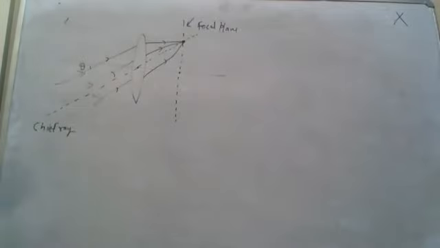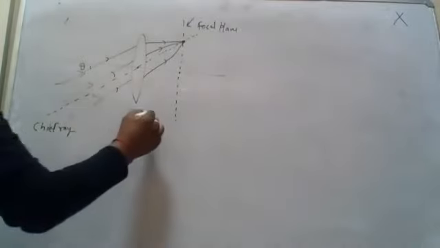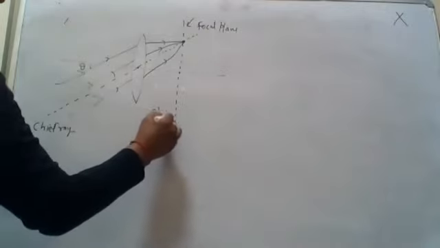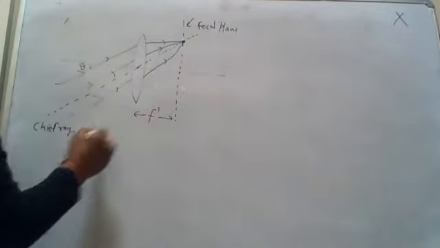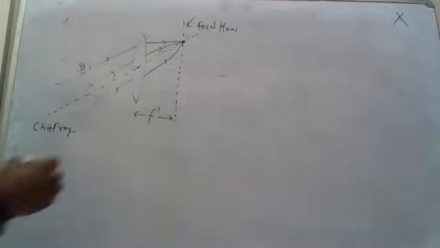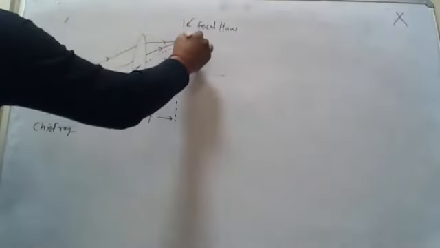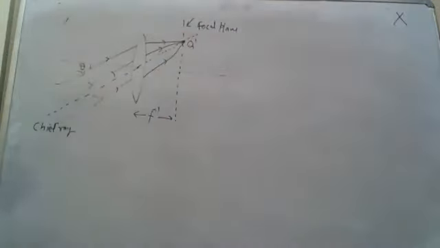which is the undeviated ray. This is the secondary focal point, so this is the F prime, and they will meet at this point Q prime. Okay, so the chief ray in this case is defined as the ray which passes through the center of the lens.